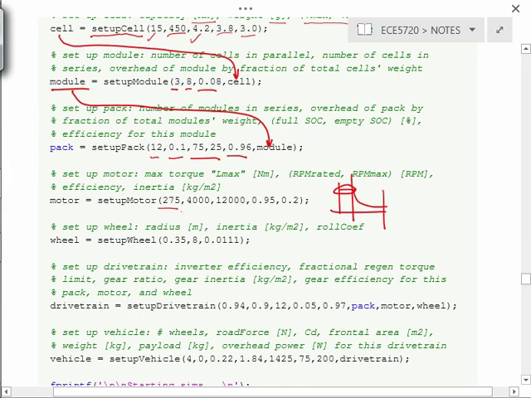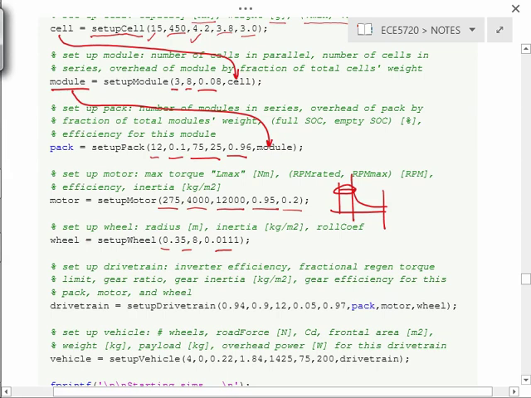So here we're saying 2,700 Newton meters, 4,000 RPM, 12,000 RPM, 95% efficiency, and about 0.2 kilograms per meter squared is the inertia. That's our motor. We're setting up a wheel, so the overall radius, this is the rolling radius of the wheel, the inertia of the wheel, and the rolling coefficient of drag. So those are input there, and we get a wheel data structure.